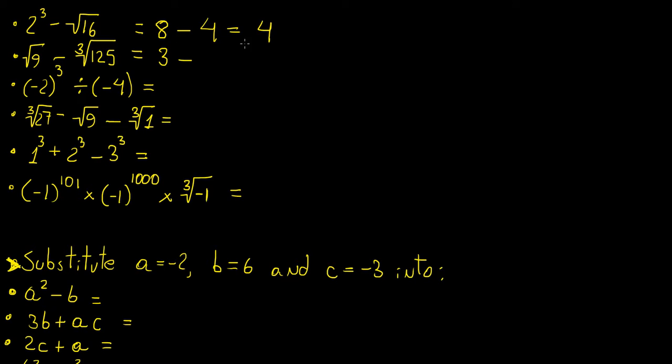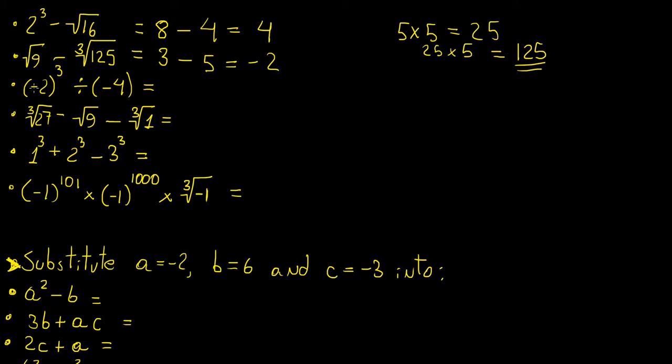So let me just write it down here. 5 times 5 equals 25, and then if we multiply 25 times 5, that is going to be 125. So that is correct, so 5 is going to be the answer here. And then 3 minus 5 comes down to minus 2.